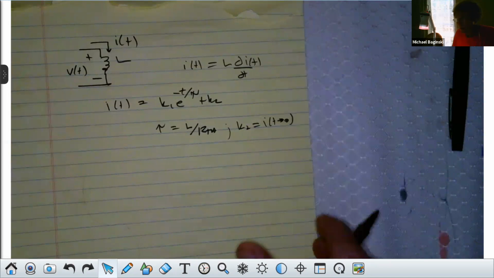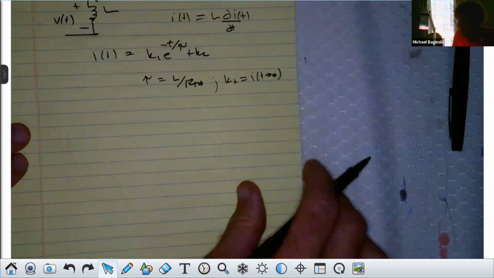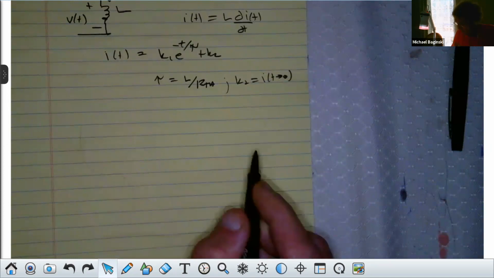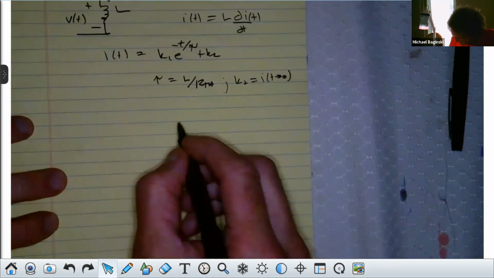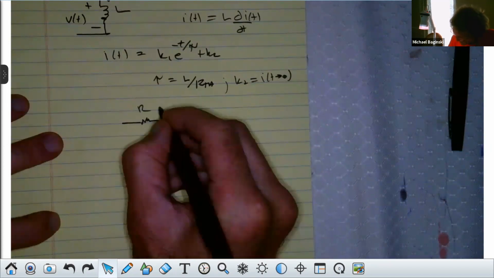Now, with that in mind, I'm going to go ahead and give you the most basic circuit. We're going to work a few problems, but the most basic circuit, in my opinion, at least one of them. This is it. I'm going to have a resistor R, and go ahead, make it 10 ohms for kicks.